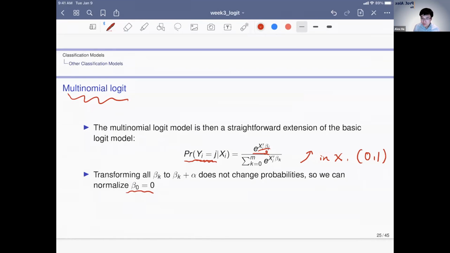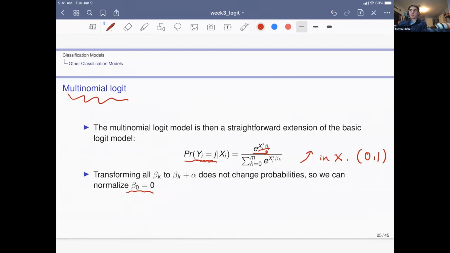So normalize one of the betas to be 0, which is actually what we did in Logit. In Logit, we normalize the y equals 0 category to 0, and then we only have one beta, corresponding to the other group. But when you have 3 groups, then you would have 2 betas. Okay.